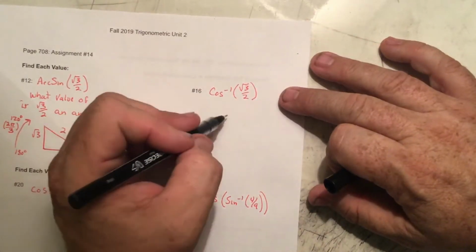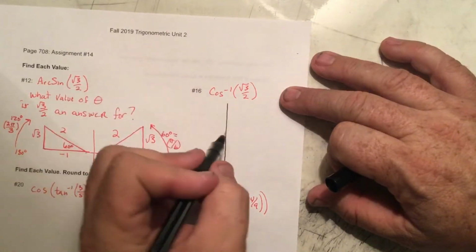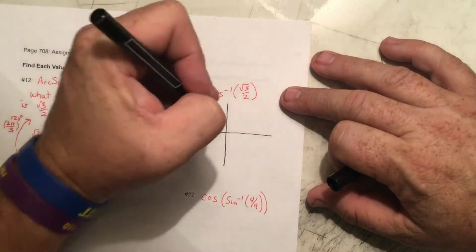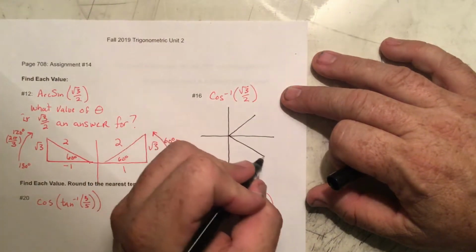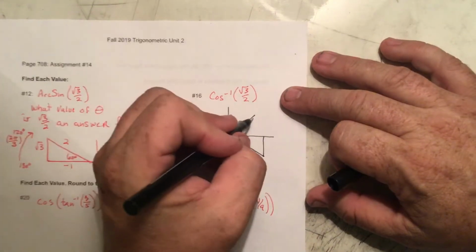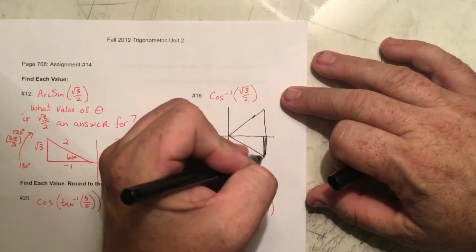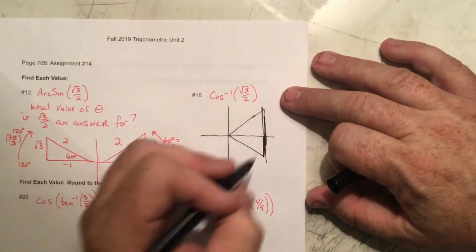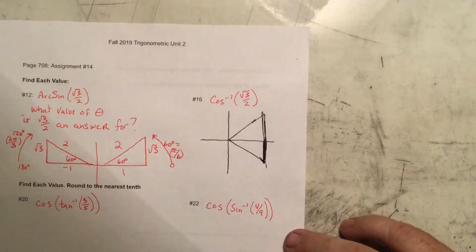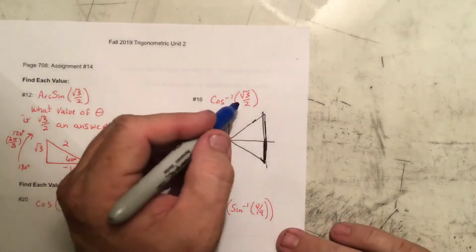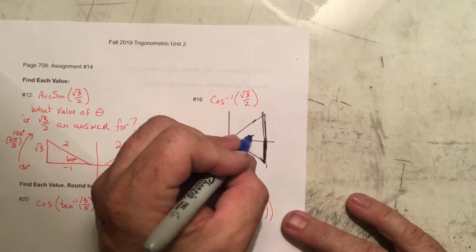Cosine is positive where? Cosine is positive in quadrants 1 and 4. So now I'm looking here. Those are bad triangles. We'll just make them look a little better. Okay, so adjacent is root 3.